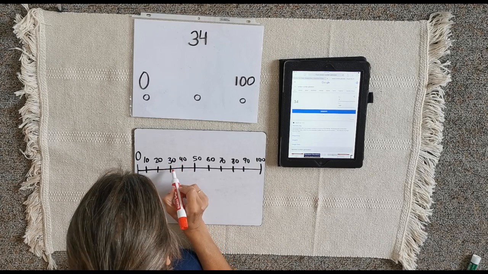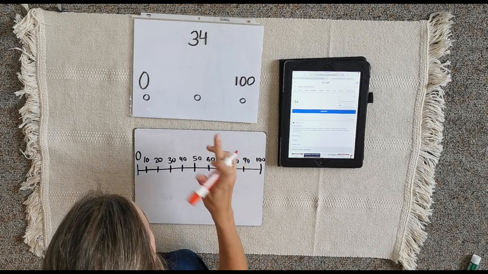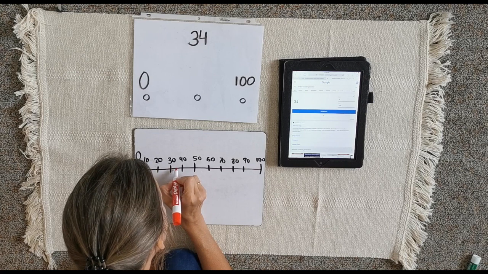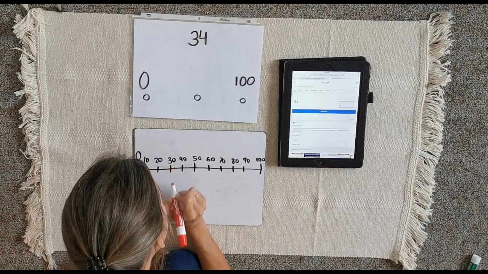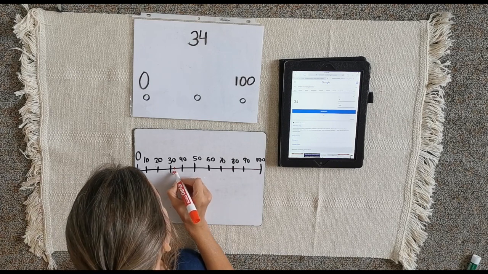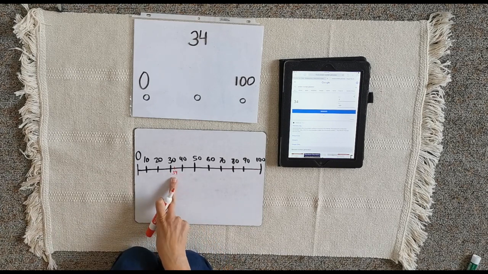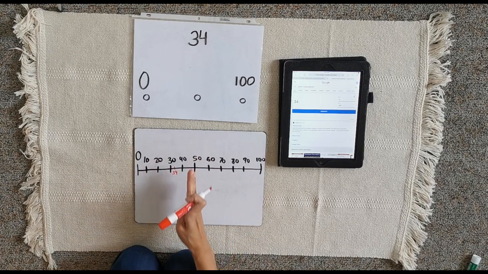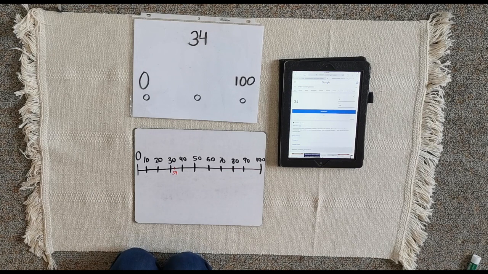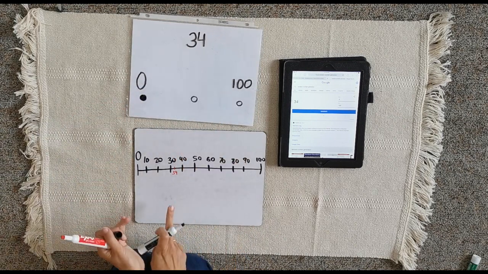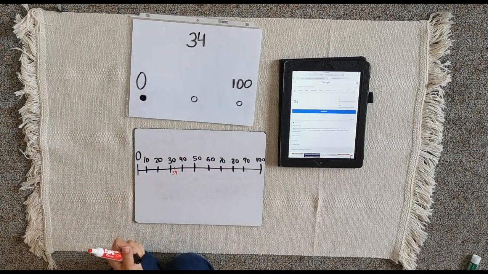So 35 will be in the middle, so 34 is a little less than the middle. 34 is over here. Is 34 closer to 0 or closer to 100, or is it just in the middle? What do you think? Exactly, closer to 0. Clearly it's closer to 0.